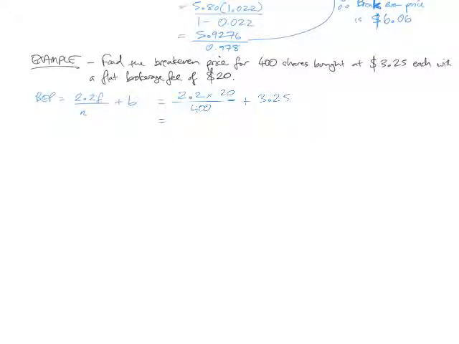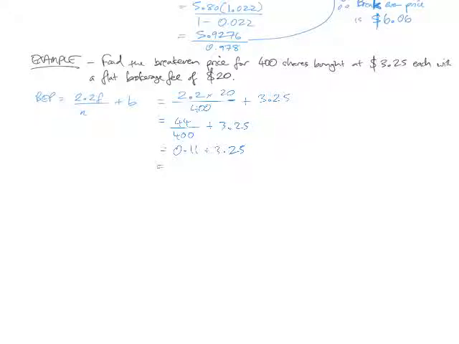So clear the top and the bottom lines. 2.2 times 20 is 44, over 400, still adding 3.25. Now work out the fraction: 0.11 plus 3.25.